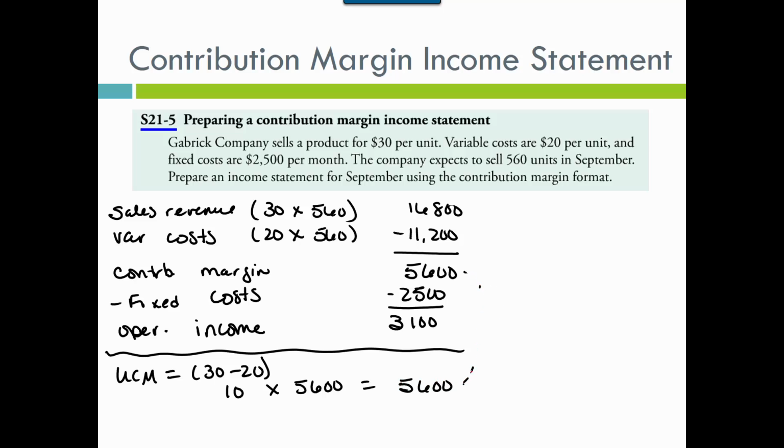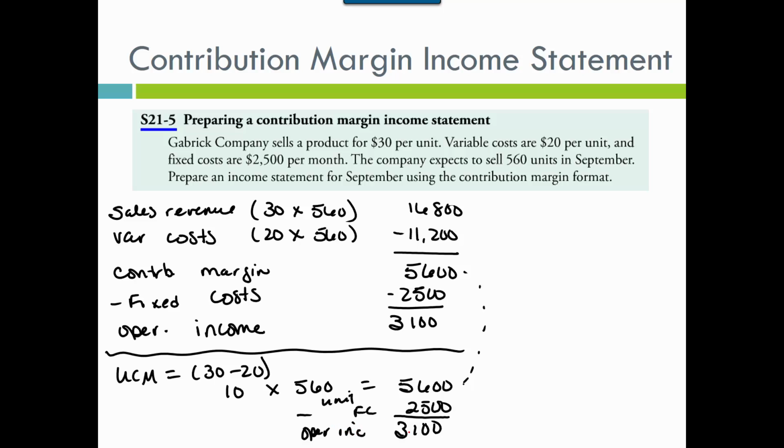That's what I got right here. And so, unless it asks you specifically, instead of doing 30 times 560 and 20 times 560, I can just skip straight to the contribution. Times 560 units gives me total contribution minus my 2,500 fixed costs, gives me operating income of 3,100.